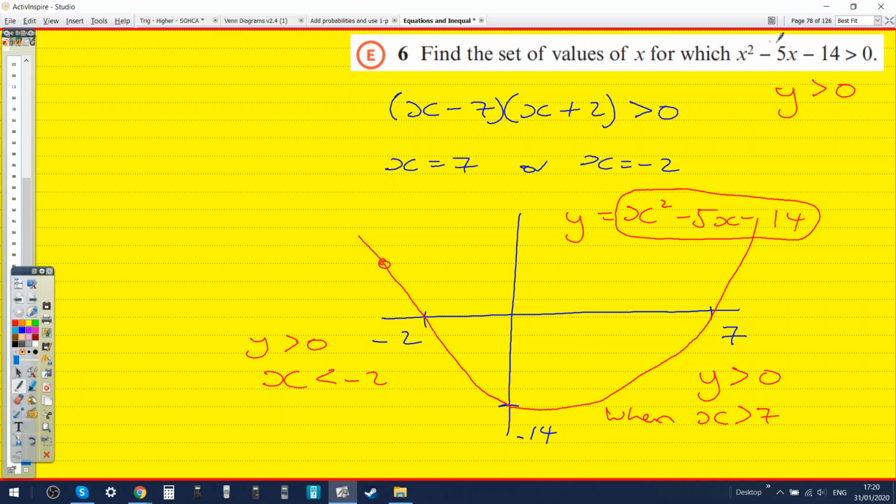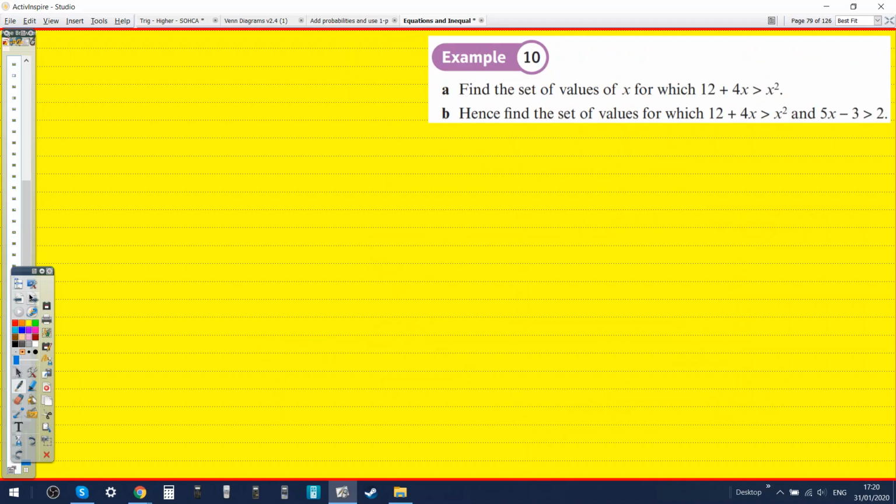So basically, x squared minus 5x minus 14 is greater than 0 when x is less than minus 2 and when x is greater than 7. So to the left of minus 2 and to the right of 7 is when it's above the line, when it's more than 0. Okay. Yeah, I'm beginning to understand a bit better, I think.